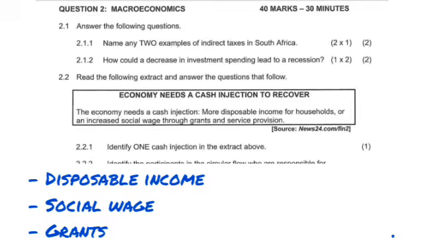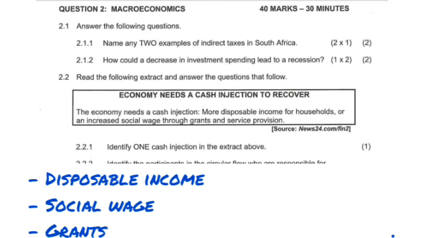Those things help money circulate in the economy, because if money is not circulating, for example grants, if people didn't get their grants and they were unemployed, it means they're not buying anything, which means they are not injecting anything in the economy. So what that leaves us with is an economy that has people that cannot invest into it, and that will be a problem.